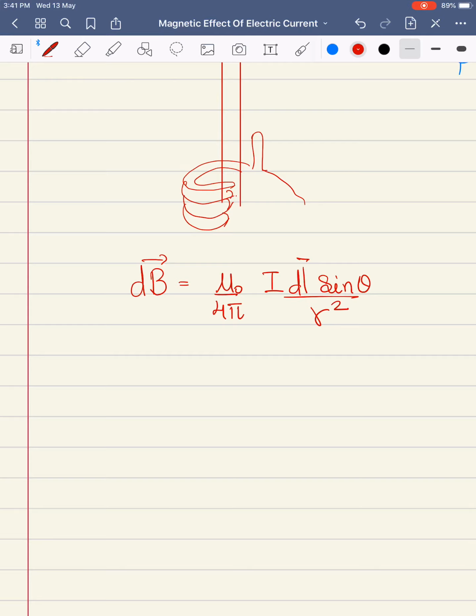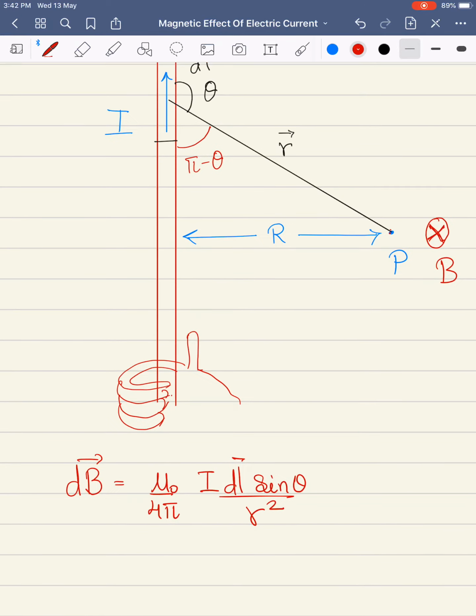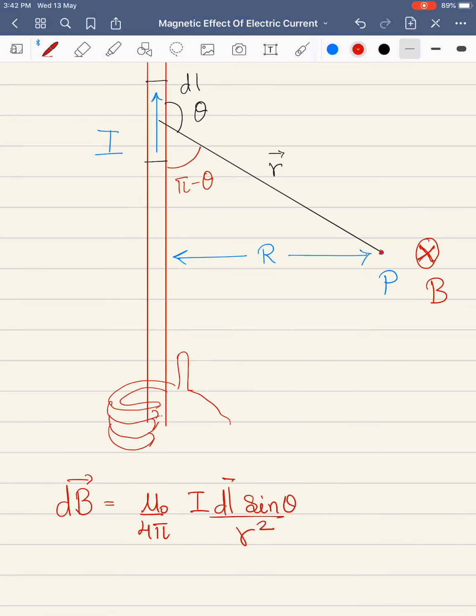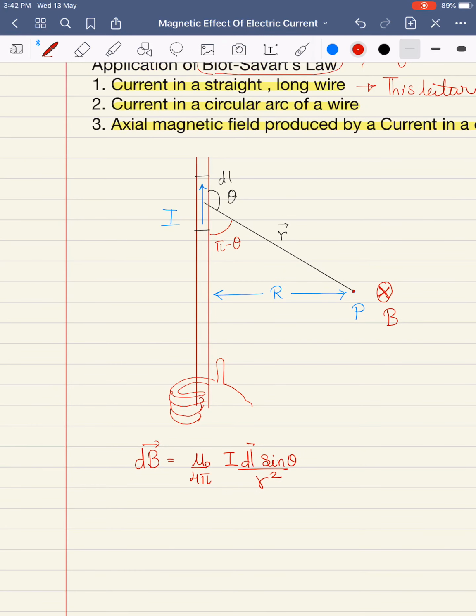Now if I want to know the magnitude of magnetic field at point P, this is an infinitely long conductor, but what we have considered is only the upper half.